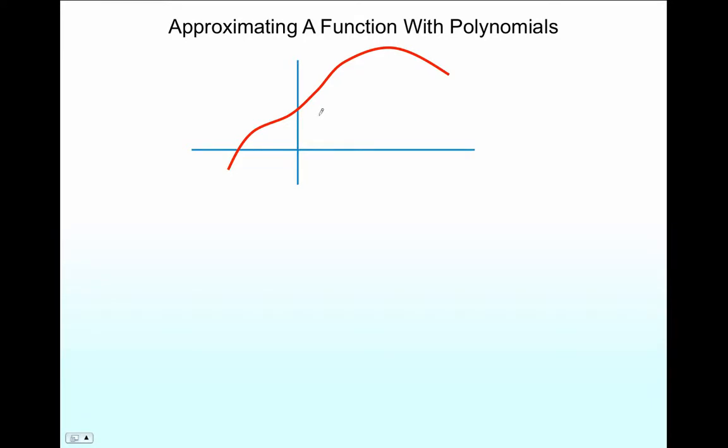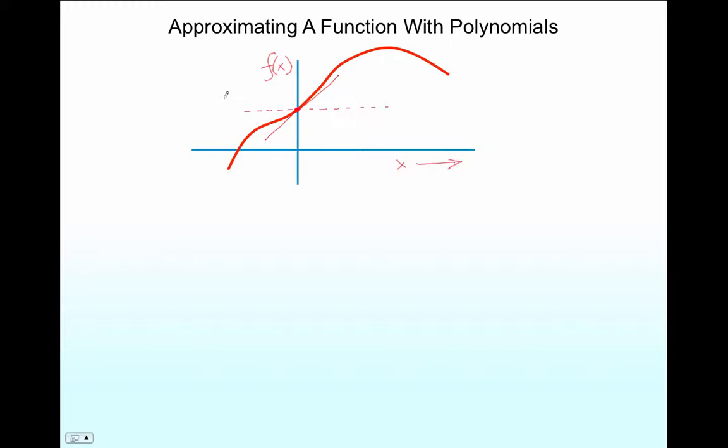Now let's come to what we are really after. Here is a function f of x, which means that as x changes, f changes. Now let's say that we want to look at it close to x equal to 0. In that case, if we were to say that f of x is a constant value, that would not be very accurate, in fact quite bad. If we were to say that instead it is a straight line which goes up like this, then it's somewhat better, but it's only good very close to x equal to 0.